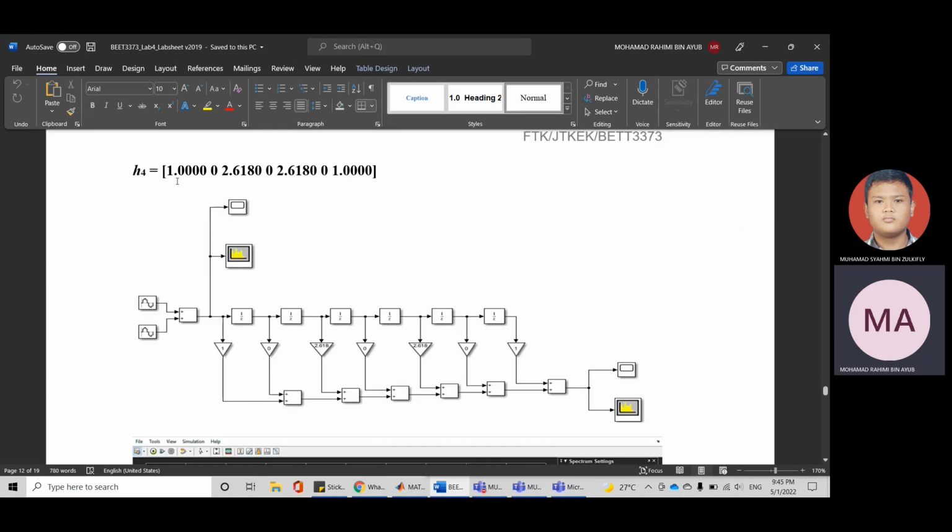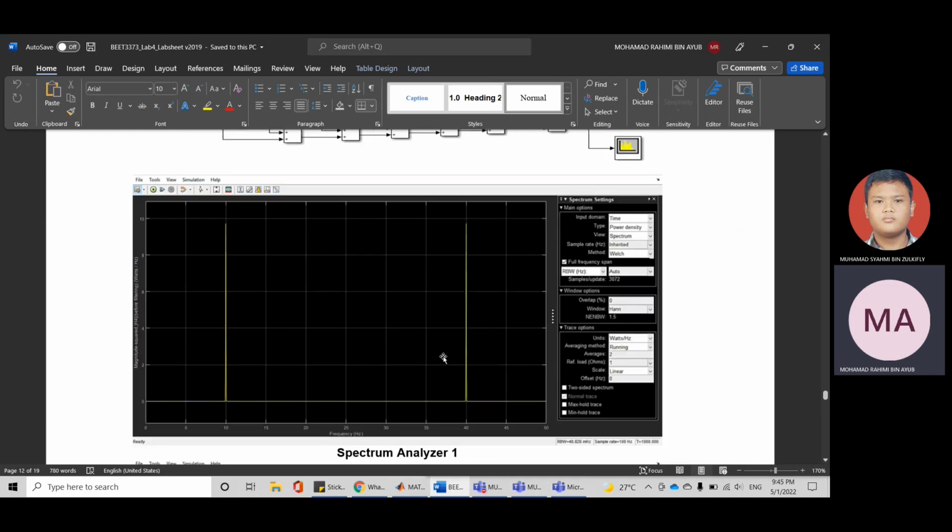Lastly is H4. We can see here there are 7 gains because of 7 values: 1, 1, 0, 0, 2.618, 0, 2.618, 0, 1. Then I just insert them into the gains. We can see here I already inserted. After I run, for spectrum analyzer 1, the graph will be like this.